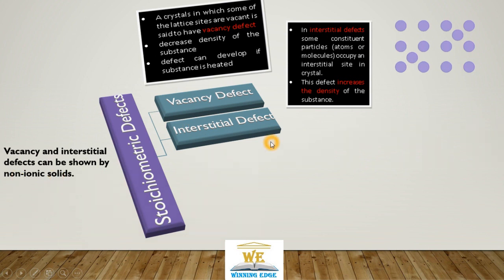Another two types of defects are about stoichiometric ionic solids. First, Frenkel defect. What is a Frenkel defect?